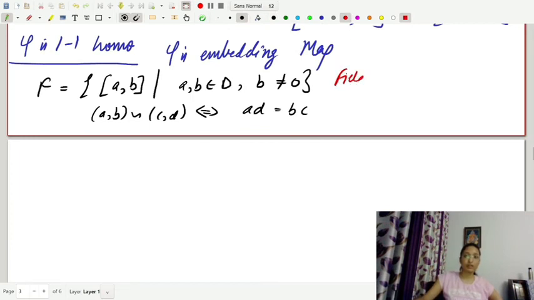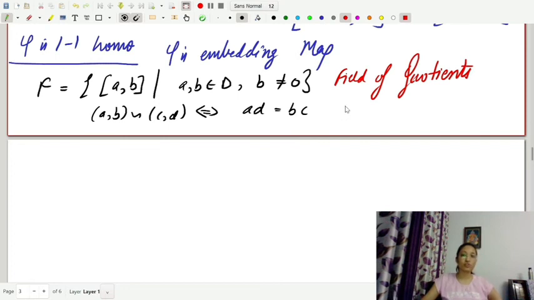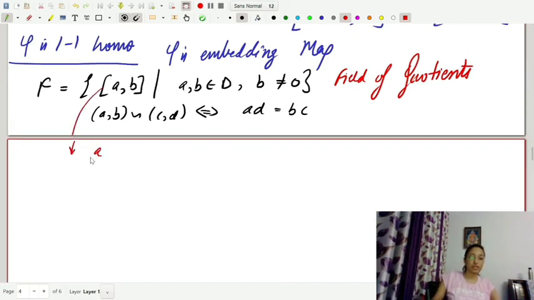Field of quotients, or quotient field of D. We must not confuse it with the quotient ring, because it is not equal to the quotient ring. It is known as the field of quotients or quotient field of D. Instead of this notation, sometimes we also use this notation, that is a/b, to denote the equivalence class of (a, b).